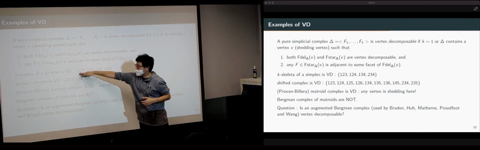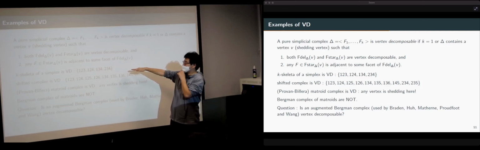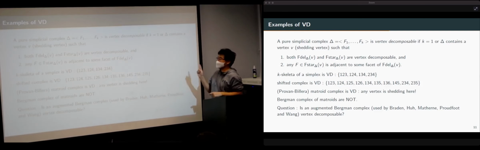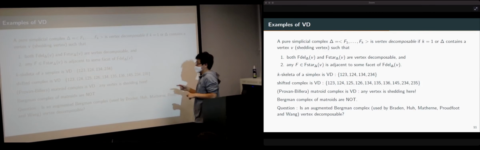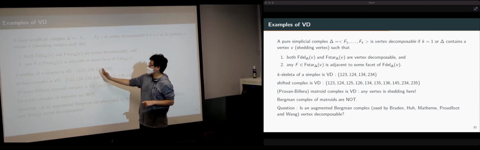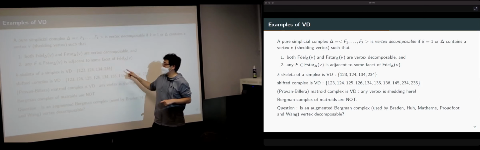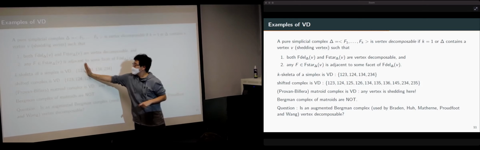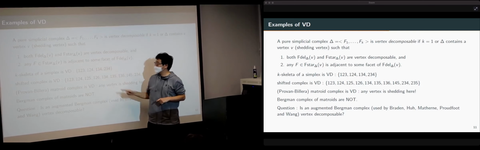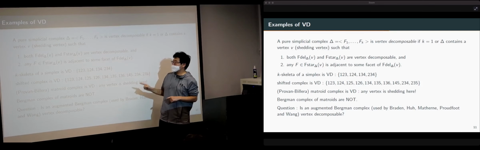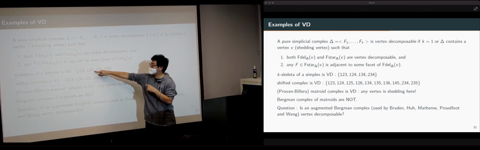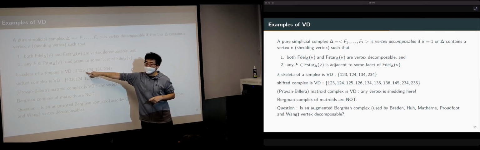And this is the skeleton of a simplex, because it contains all the three-subsets of 1, 2, 3, 4. Now let's see why this is actually vertex decomposable. So 4 here is a decomposing vertex. Why? Because if you split this list of facets into the ones that do not contain 4 versus the ones that do contain 4, we have the gluing condition satisfied, because everything containing 4 is adjacent to some facet not containing 4.